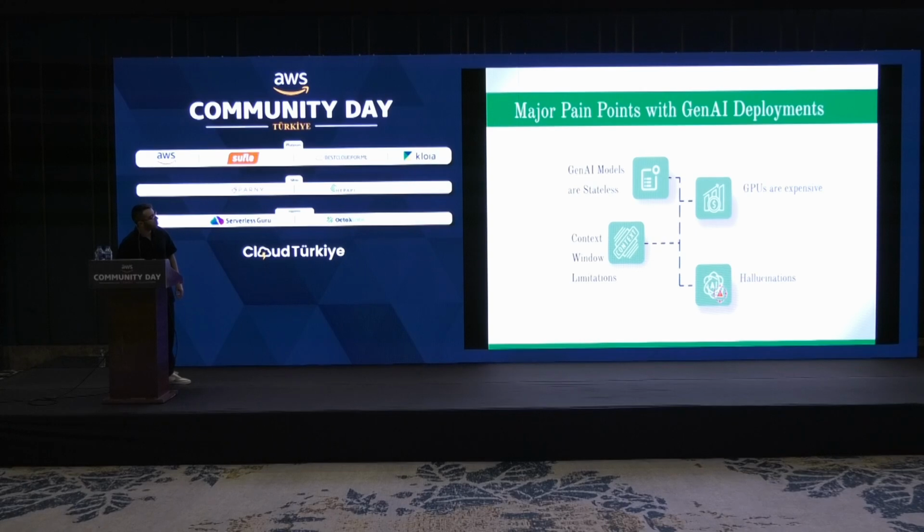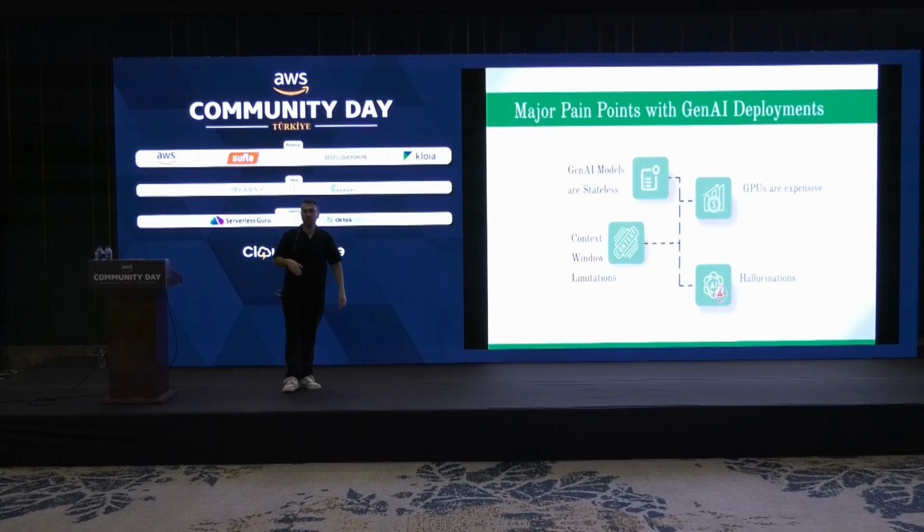The main pain points when you are deploying Gen AI applications tend to be that the underlying models are stateless, and the GPUs are quite expensive to buy or to rent. We also have limitations with the context window, how much working memory an LLM can effectively work on at any given time.